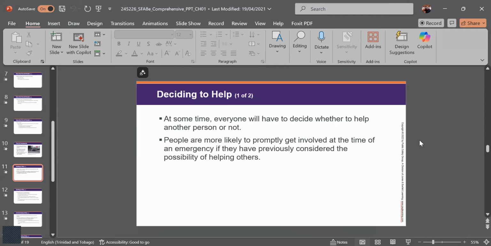All this information would have been based on data analysis, research, compiling the data, and coming up with recommendations. People are more likely to promptly get involved at the time of an emergency if they have previously considered the possibility of helping others.